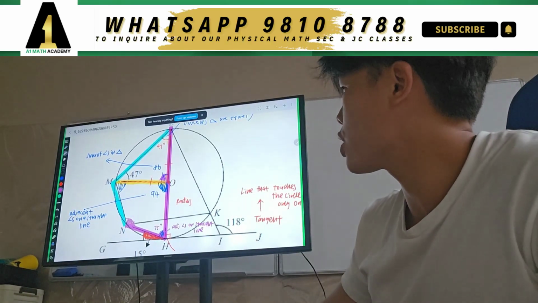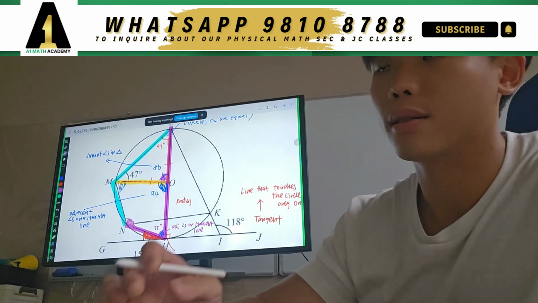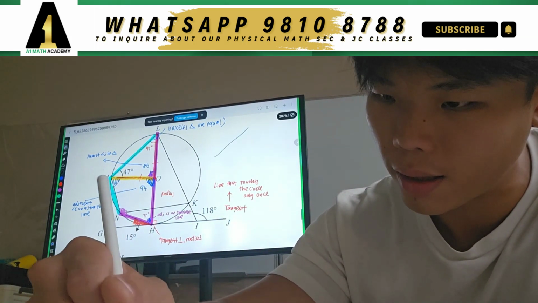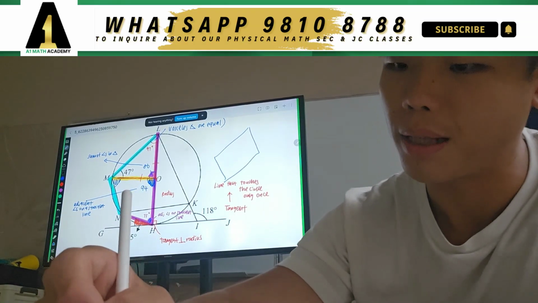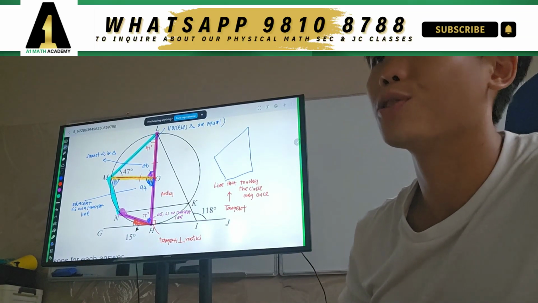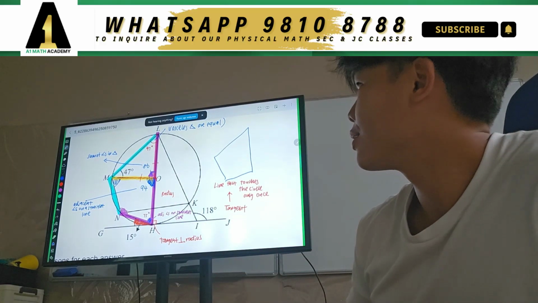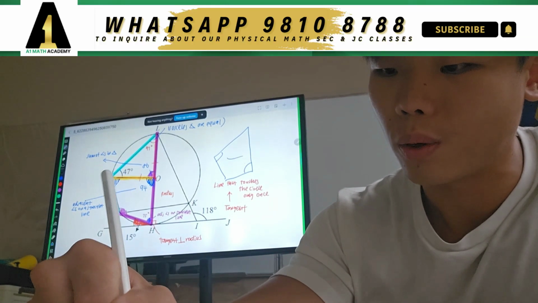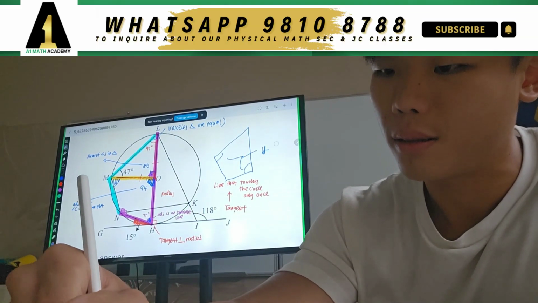So what shape is this? We have a kite, right? Something like this, right? So what's the property for this? These two add up to 180, so it's 180 minus 75.